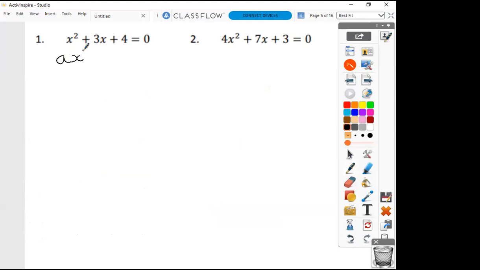There we go. So ax squared plus bx plus c equals 0. Now, to find the discriminant, we're using b squared minus 4ac. And the letters are taken exactly from that quadratic equation.